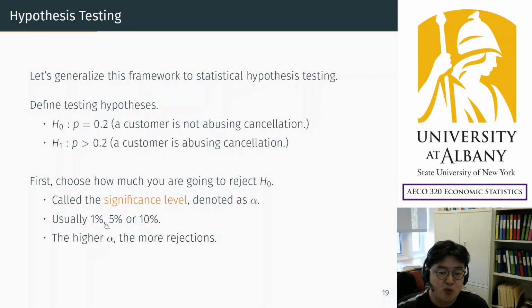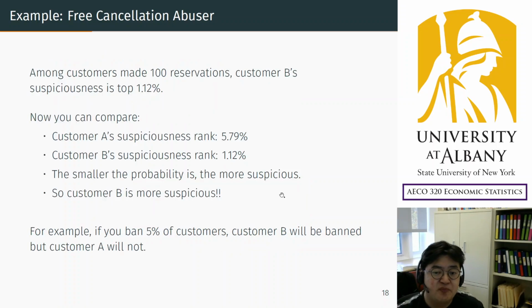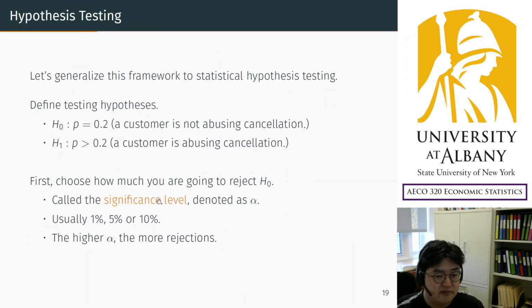For example, if you choose 5%, that means you are going to ban the top 5% suspiciousness group. That means 5% of innocent customers will be banned just because they are unlucky. That is the significance level. So if you increase that, you are going to ban more customers. You are going to reject more null hypotheses.